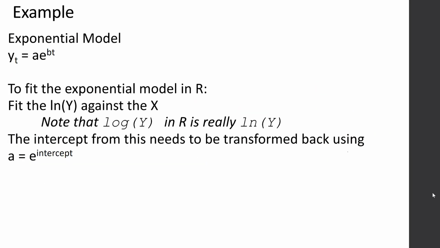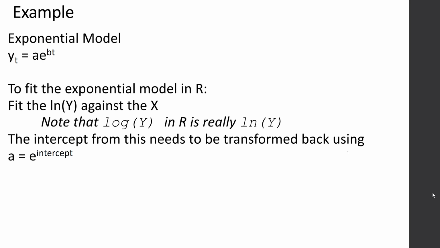So now let's talk about fitting the exponential model as the trend. And this is what we would do in practice. We might try a couple models and see which one fits better. So let's try the exponential. So that's the model y sub t equals a times e to the bt. That's going to be our fitted model. And to fit the exponential model in R, we're going to fit the natural logarithm of the y against the x predictors.